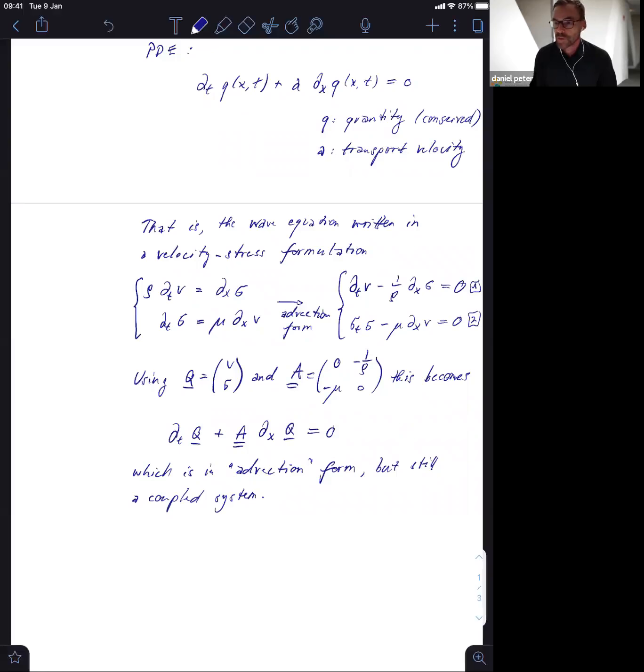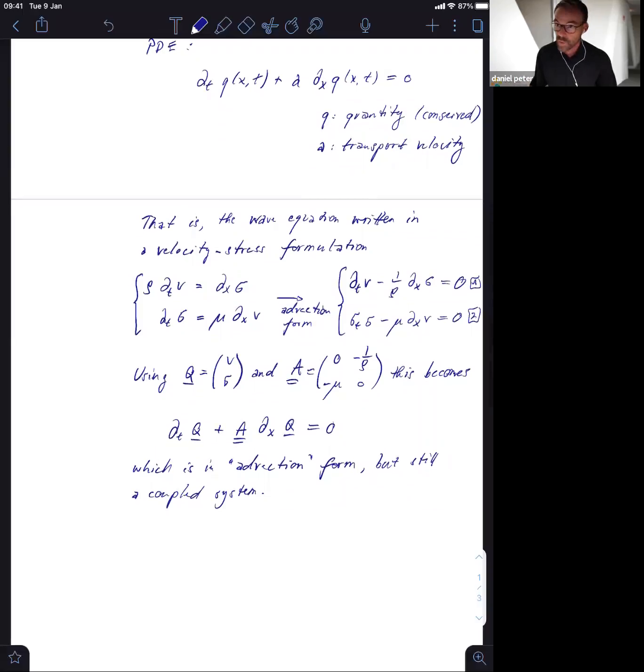So in order to solve it with the finite volume method, the approach is basically to decouple the system, which means we need to find a diagonal form of A. Then we have the two systems decoupled, two equations, and then we would apply basically the same discretization approach as for an advection problem.